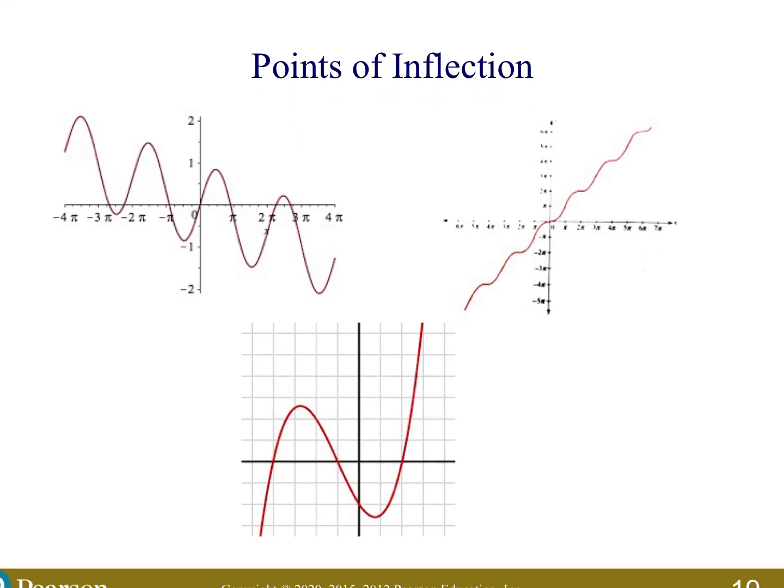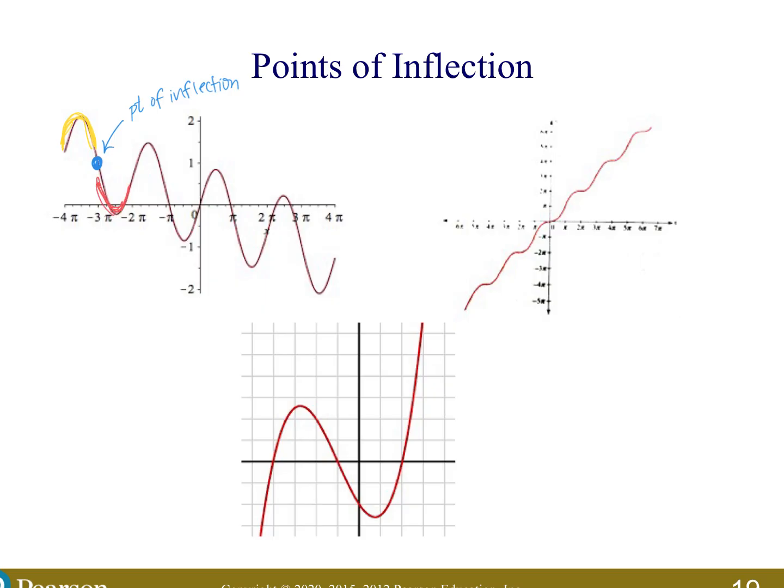Graphs have many points of inflection, and a point of inflection is the point, the instant, where the concavity changes. Let's take a look at this first graph. Here is a point of inflection right there. That point is where the graph started concave down, so this section of the graph is what we call concave down, and then switching to concave up.